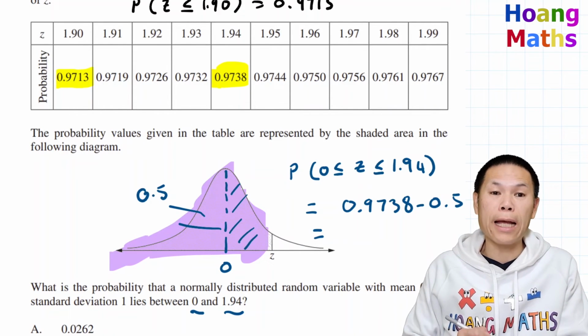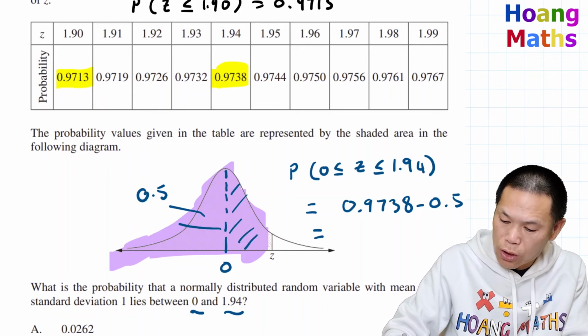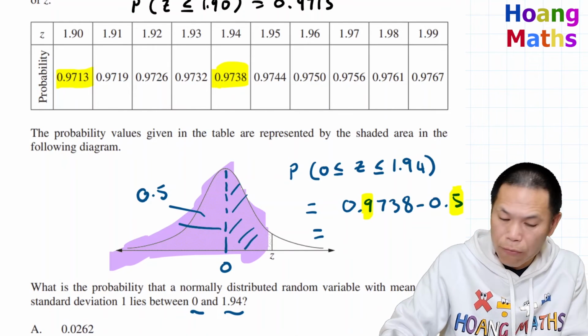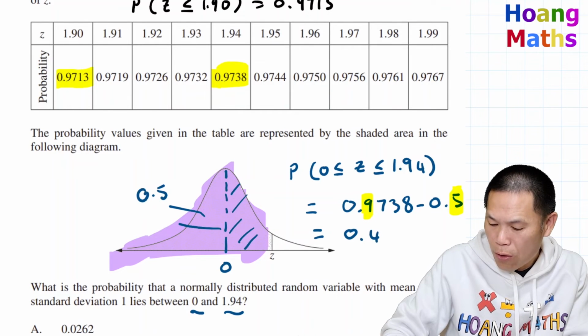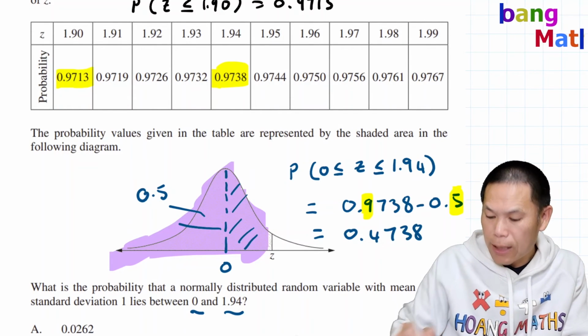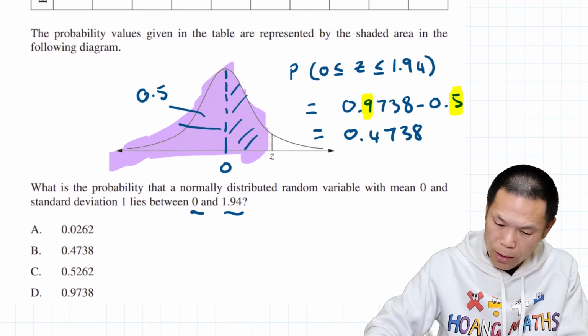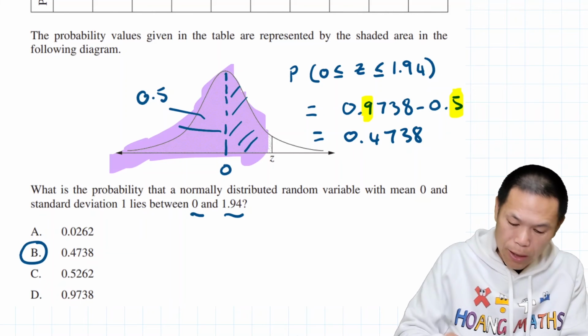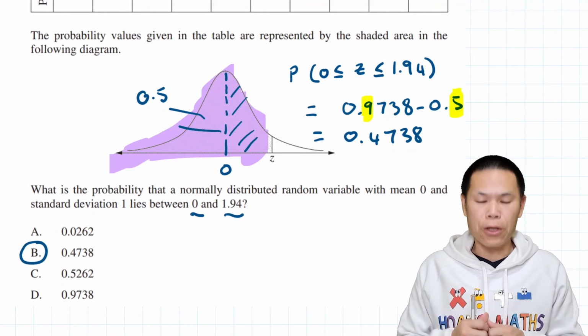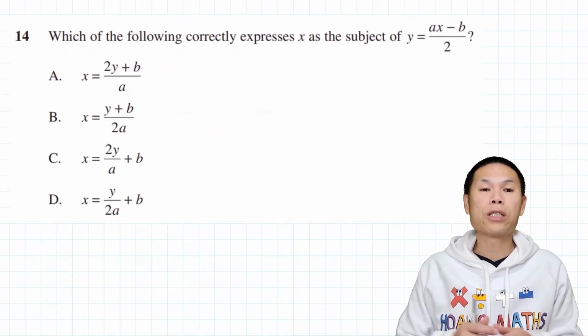So if we put that in a calculator, otherwise we just go 0.9 minus 0.5 is 0.4, so 0.4738. That should be the answer. So there you go. The answer is B.